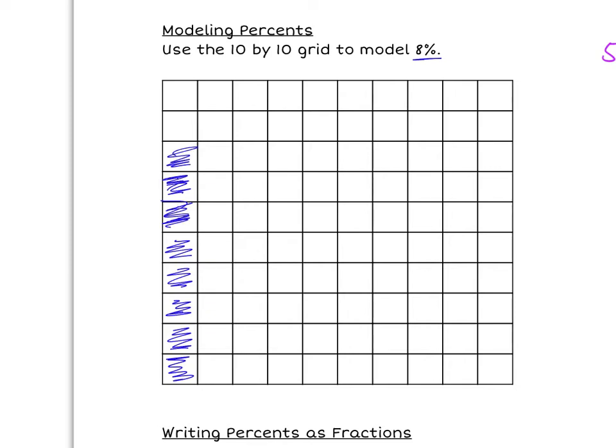It doesn't matter which 8 squares you shade in, but it is nice if you shade them next to each other. If you go randomly, it makes it harder to count, especially with bigger numbers. Each row would be 10, but in this case we only shaded 8 because we have 8%. So we could say 8% is shaded.